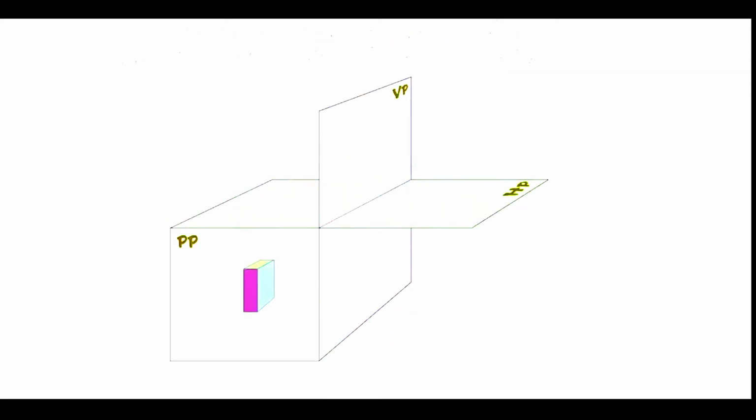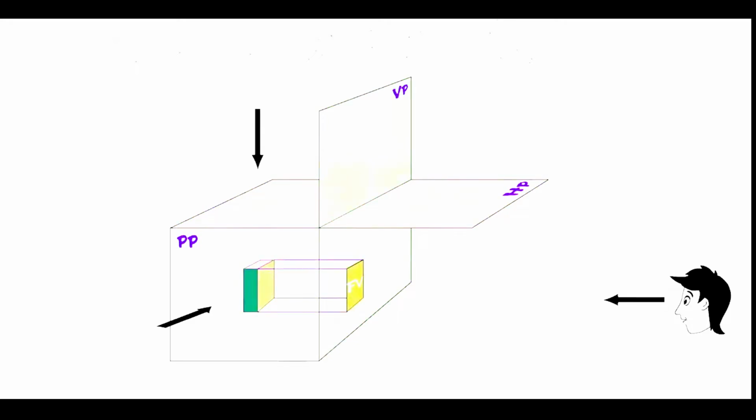Now let us place the object in the third quadrant. Here, the plane is between the object and the observer. Now when the observer sees the object from front, top and side, we get the respective projections on the vertical plane as front view, on the horizontal plane as top view, and on the profile plane as left hand side view.